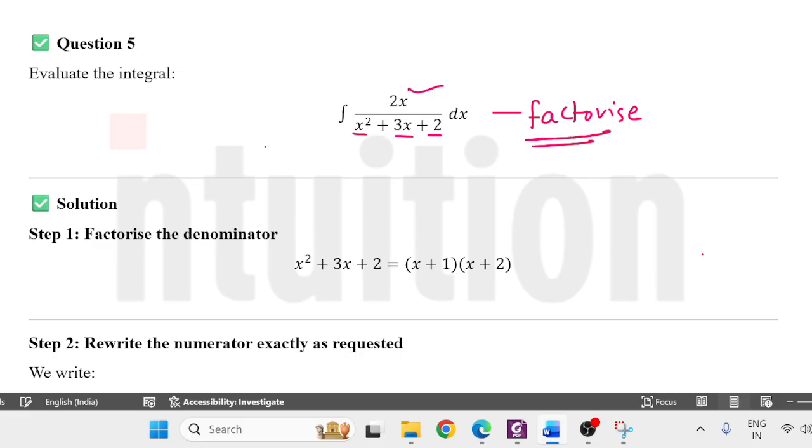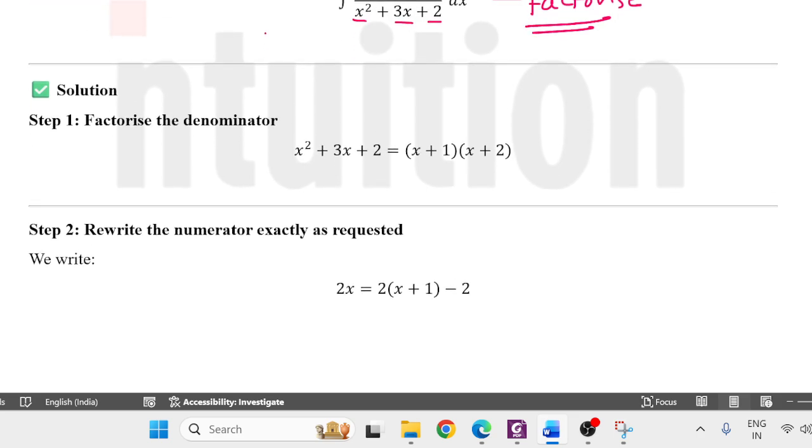Okay. Now x square plus 3x plus 2. That's middle term factorization. For those who have a doubt in that, we can do x square plus 2x plus x plus 2. We can club these two terms together, and these two terms together.